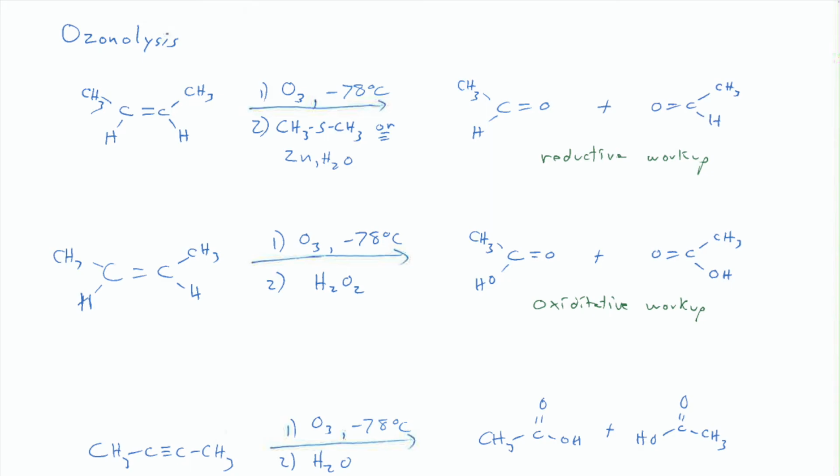And that electricity sparking across the oxygen creates a very, very small amount of ozone. What you wind up with is a stream of gas that is mostly O2 with small amounts of O3 dissolved in it. Then this gas comes out the other side, and you bubble that gas mixture through a solution of your alkene, let's say, and the reaction goes.